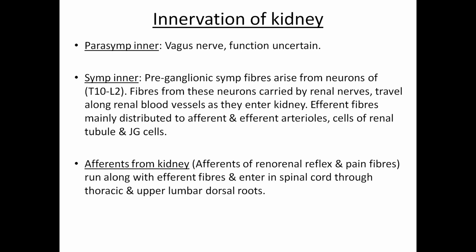That's what I just mentioned regarding the sympathetic innervation. Then afferents from the kidney, whether they are pain fibers, etc., run along with efferent fibers and enter the spinal cord through thoracic and upper lumbar dorsal roots.